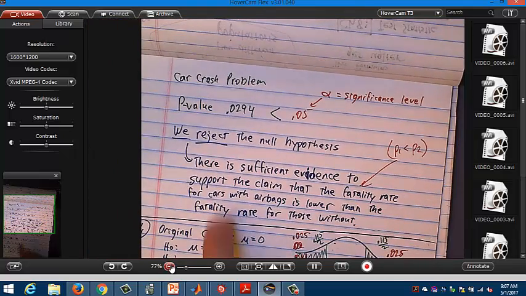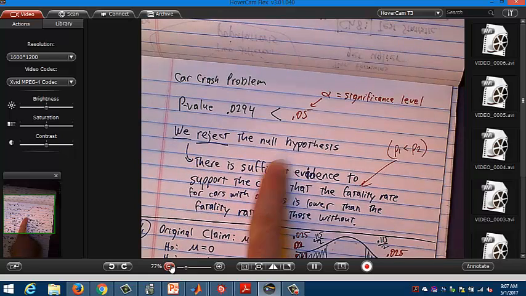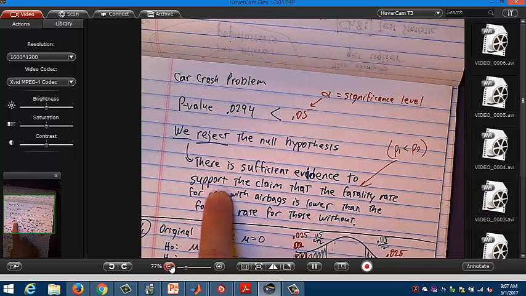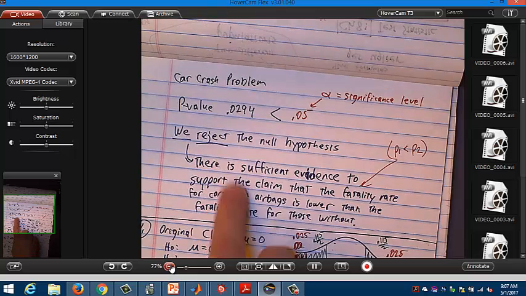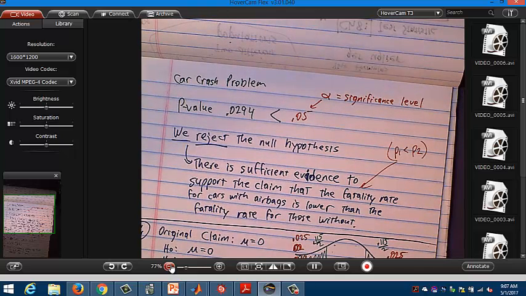P was low, so we did reject the null hypothesis, and then you have to state your final conclusion in English. For some of you guys, this is the tough part now, going from English to math or math to English. Right? Very first quiz question today: most Americans support da da da da. Right? How do you handle that? Well, that's one of these claims where we're talking about a proportion, right?